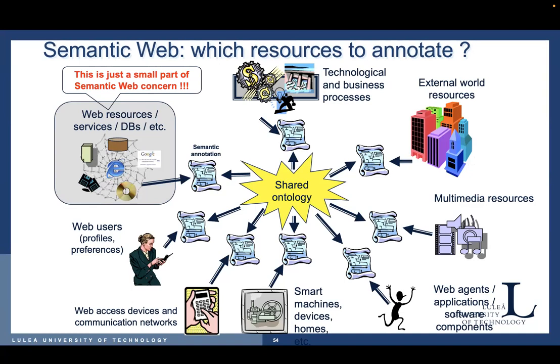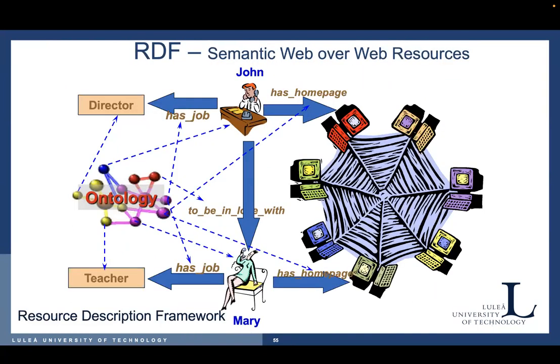But if you think about it, there is no ultimate solution to this global scale representation of information as knowledge. And again, we will be talking about a framework for describing resources, called the Resource Description Framework. It's a standard conceived by the World Wide Web community. Here it is illustrated what we want to achieve at the end.